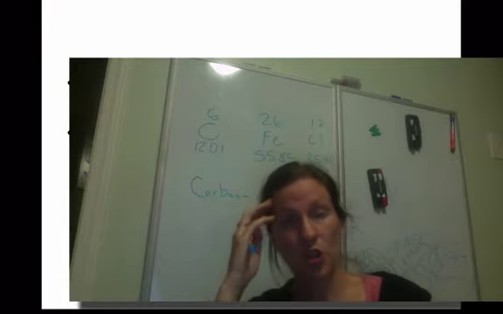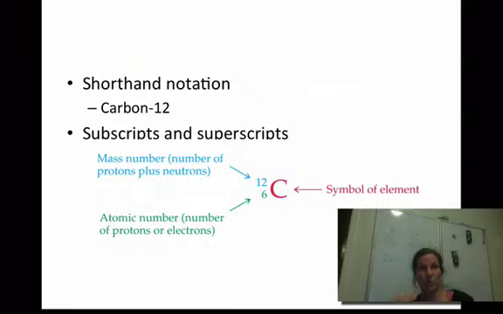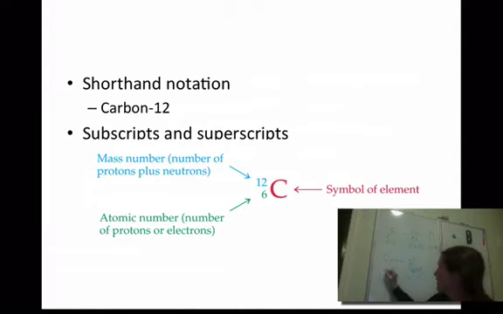Another way you can show what is in any given atom is using subscripts and superscripts instead. So instead of writing carbon-12, you could do just the big letter C, which is the symbol for carbon. Up, you would put the mass number.